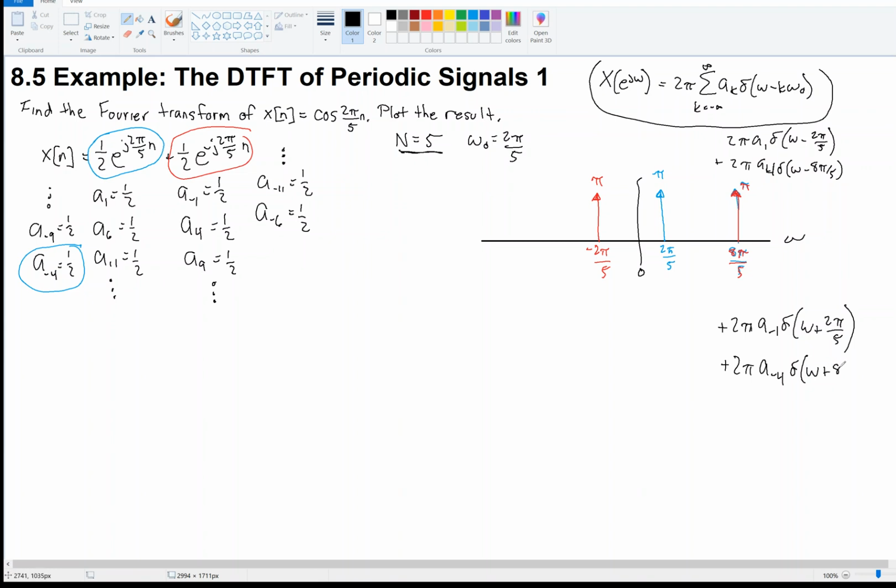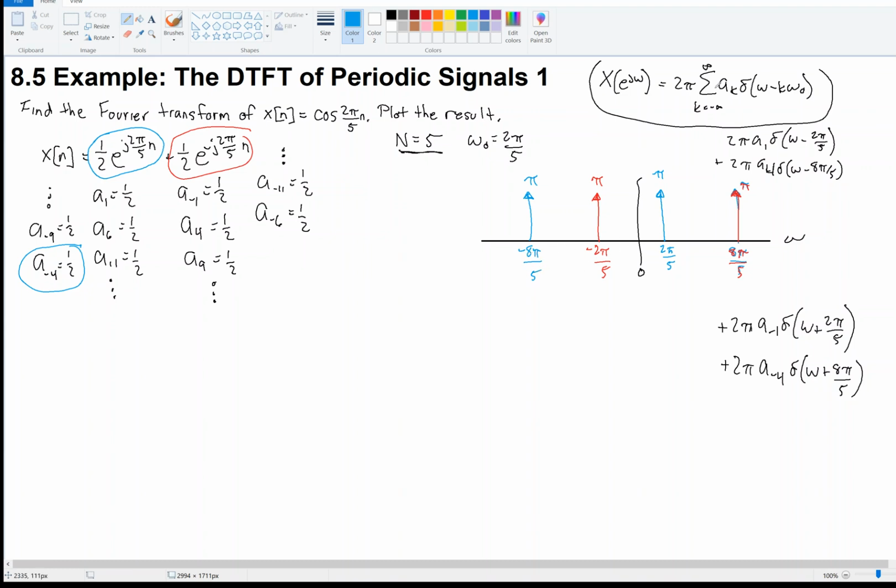So that's plus 8 pi over 5. Okay, so that's blue. So we're going to draw that here. And so that's pi, because 2 pi times 1/2, and then this is an impulse that's been shifted to the left by 8 pi over 5. So that, again, came from the blue sinusoid, and 2 pi over 5 and minus 8 pi over 5, they differ by 2 pi.